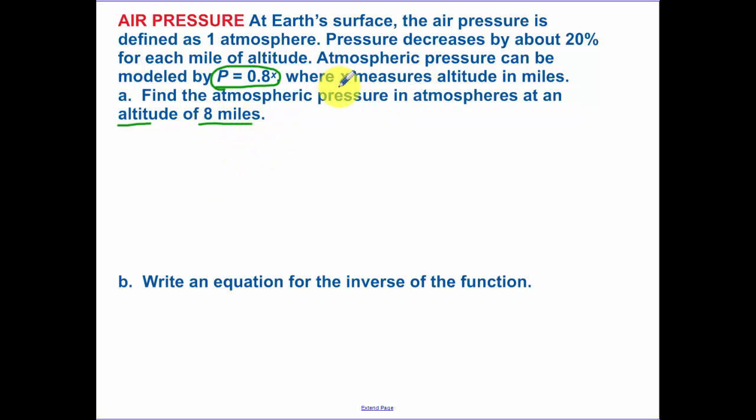Well, altitude, x, is what your altitude is. So all you're doing is plugging in 8 for x. When I find that, I get 0.168. Now, units is atmospheres. They tell me my units.